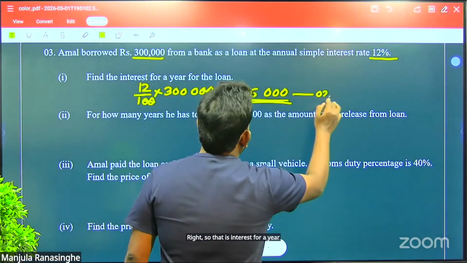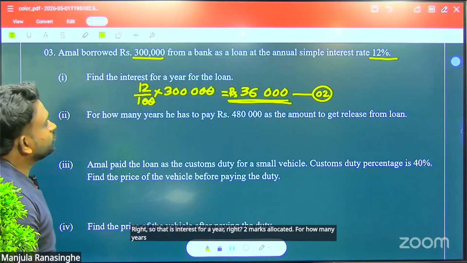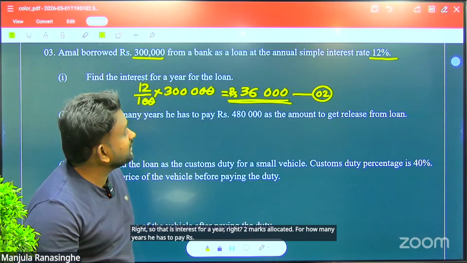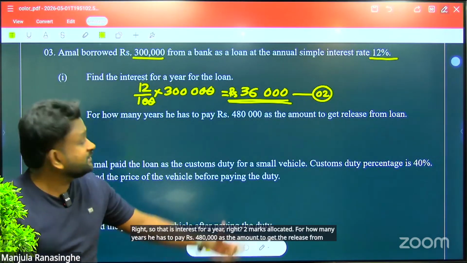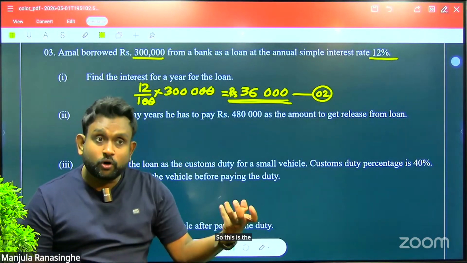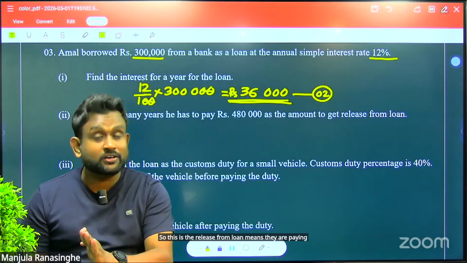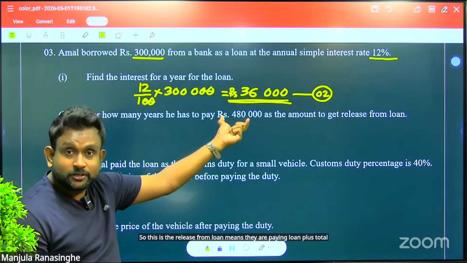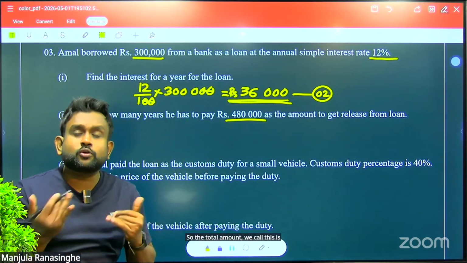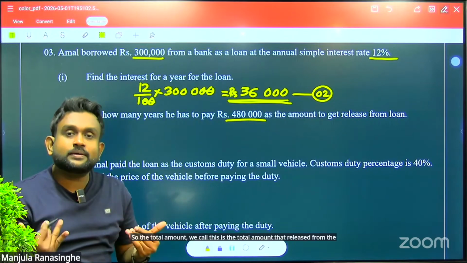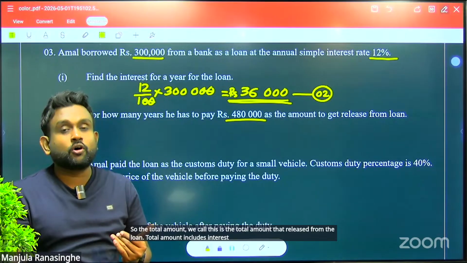Right. 2 marks allocated. For how many years does he have to pay rupees 480,000 as the amount to get release from the loan? Getting release from the loan means they are paying the loan plus total interest. So we call this the total amount to release from the loan. Total amount includes interest plus the loan.